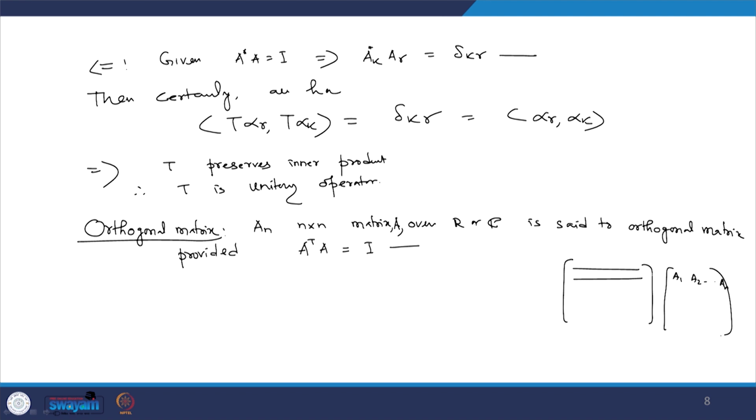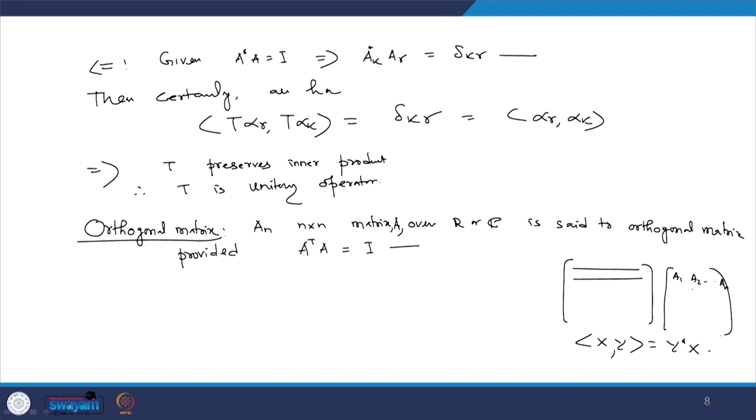Okay, so in that case we see that with respect to the standard inner product, where the inner product of x and y is y star x, each column of the matrix A, I mean the set of column matrices of A, are orthogonal and the row matrices of A are also orthogonal. So, it will be irrelevant; if I take A into A star instead of A star A, then also I will have the identity matrix. So, a one sided proof implies a two sided proof here.